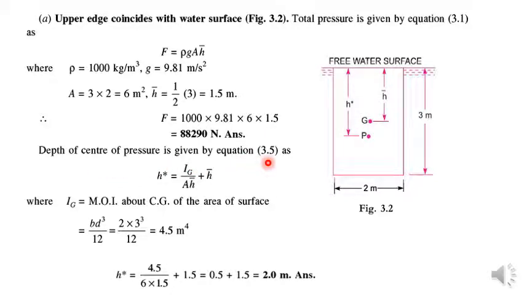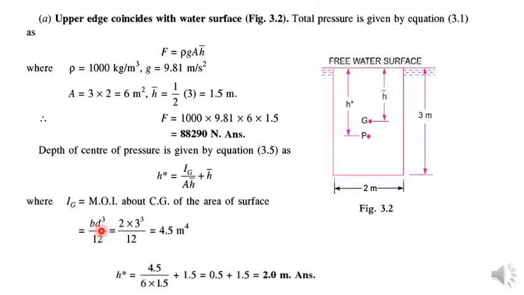Depth of center of pressure is given by the equation that we have already derived in our first part of the hydrostatic forces chapter: h star equals Ig over A h bar plus h bar. In this equation, A and h bar are known to us. What is left to be determined is Ig, the moment of inertia about the center of gravity of this area.